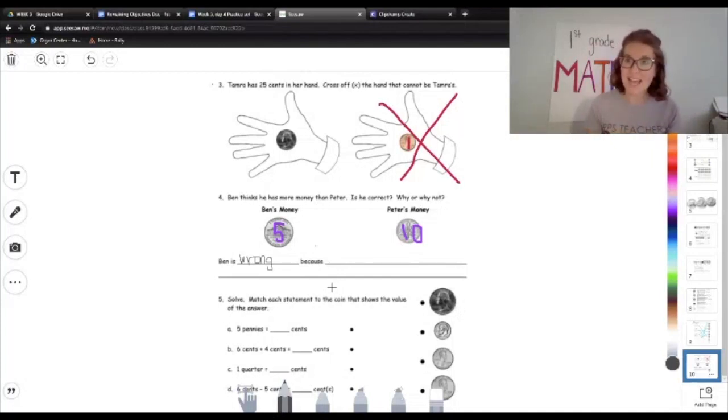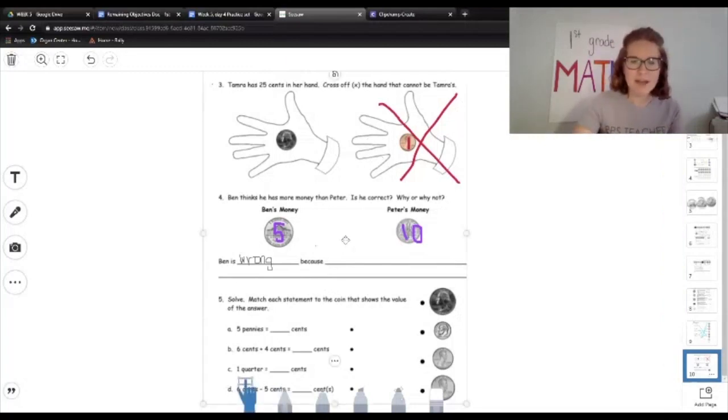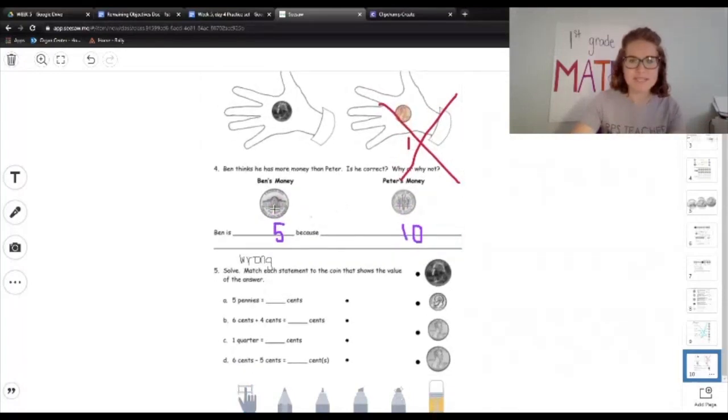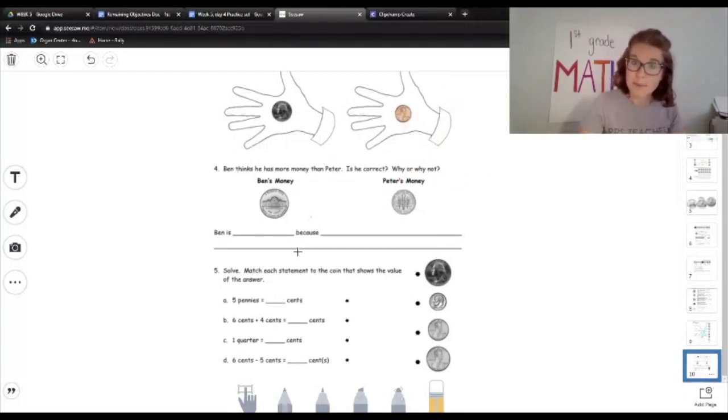A nickel has a smaller value. Good. Okay, down here at the bottom, let's move this up so we can see. Down here, what does it say? Number 5, solve. Match each statement to the coin that shows the value of the answer.